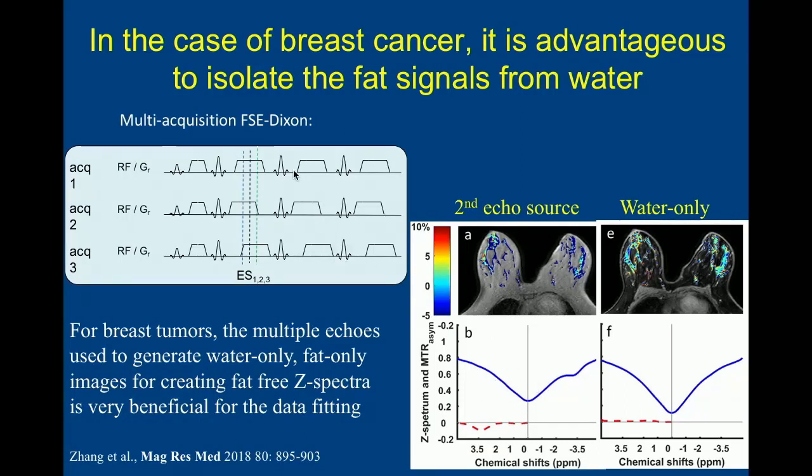For this case, the fast spin echo Dixon, 3-point Dixon method is very nice, because you can then separate the water only from the multiple signal sources, which includes fat. This was published recently, showing that using water only is much better and cleaner for looking at the metabolite profiles in breast cancer.